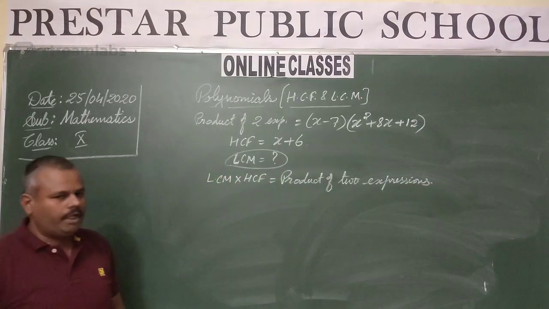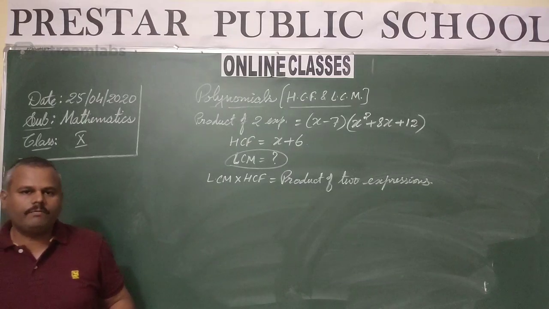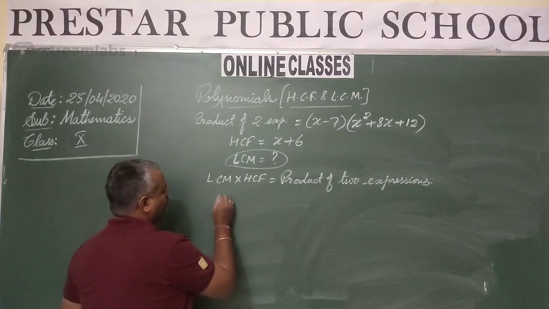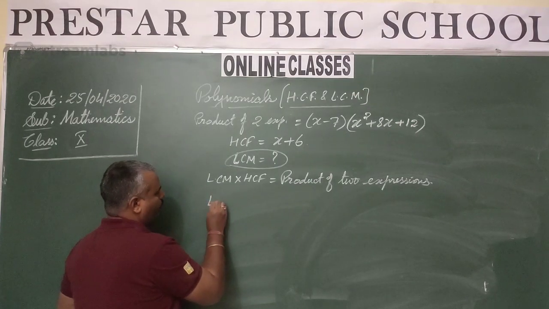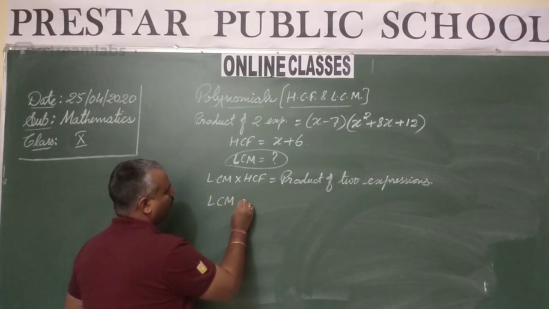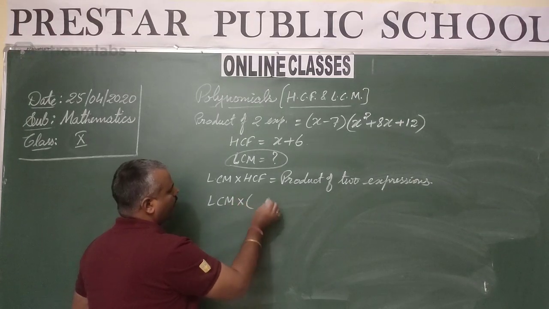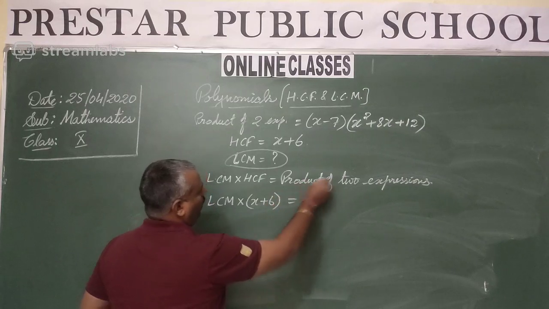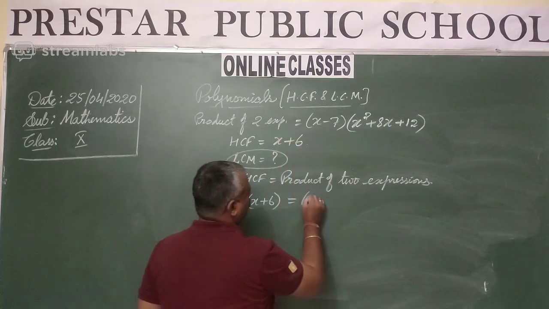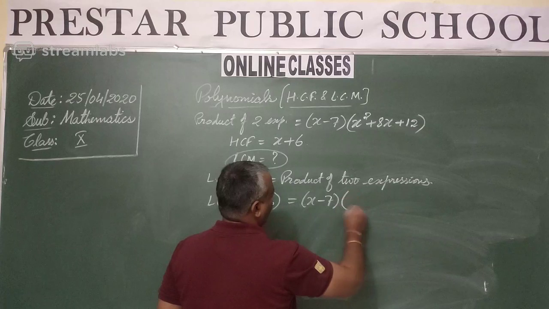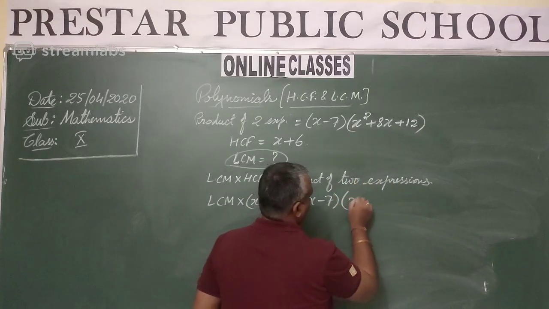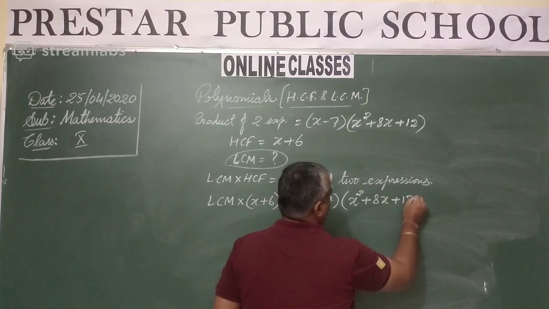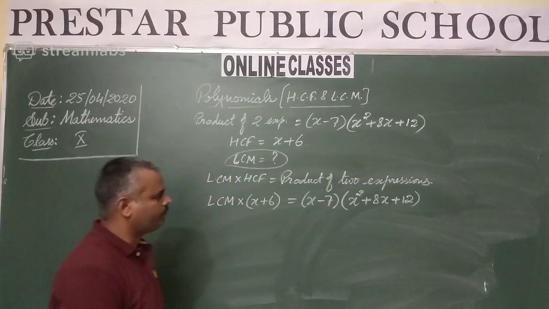The product of LCM and HCF will be equal to the product of the two expressions. So here LCM we have to calculate, multiplied by HCF, we are given it as x plus 6, and the product of two expressions is also given, which is x minus 7 multiplied by x squared plus 8x plus 12.